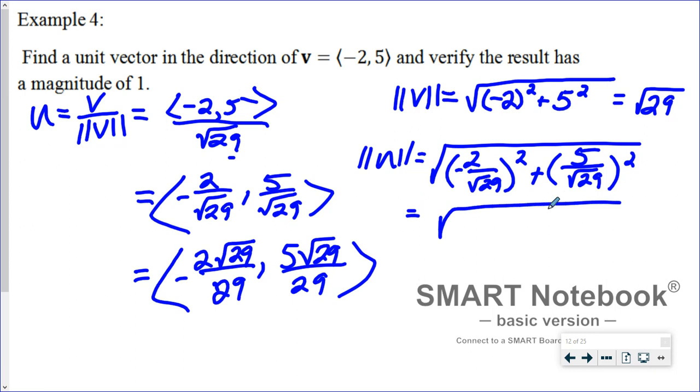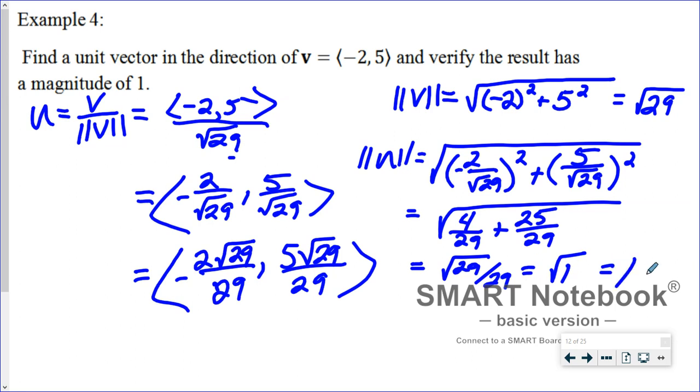When you square a fraction, you square the top and square the bottom. So we get 4 over 29 plus 25 over 29. When we add these, this is going to be the square root of 29 over 29, which is the square root of 1, which is equal to 1. So obviously, that has a magnitude of 1.